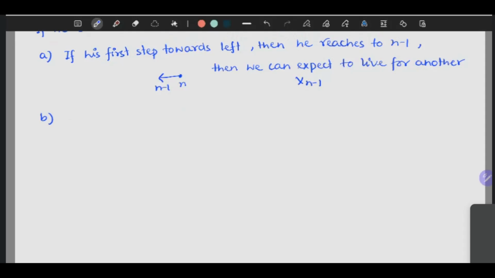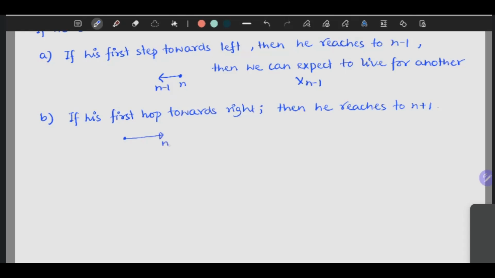Similarly, if his first hop is towards the right, then he reaches n plus 1. That means it starts from here, then this is n plus 1, this is n, right?